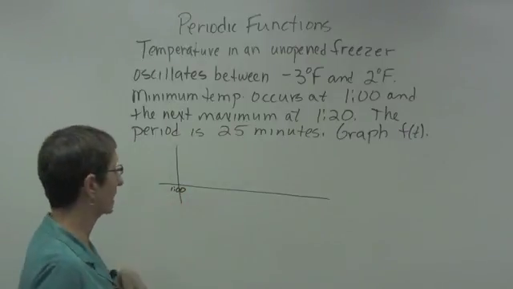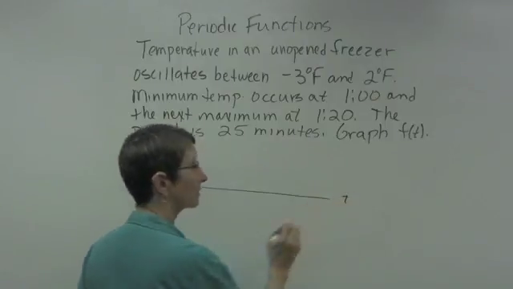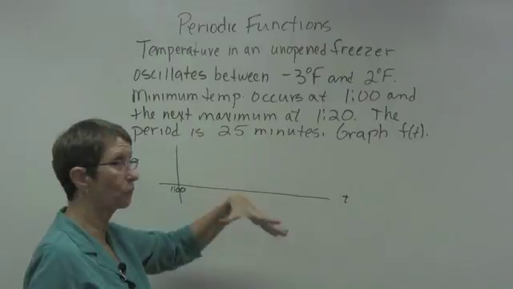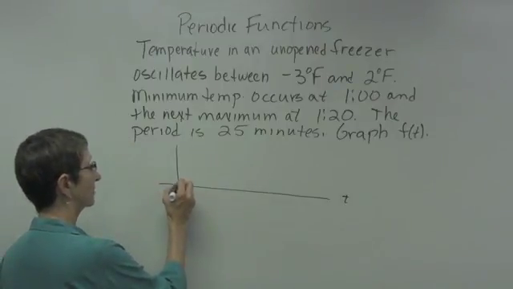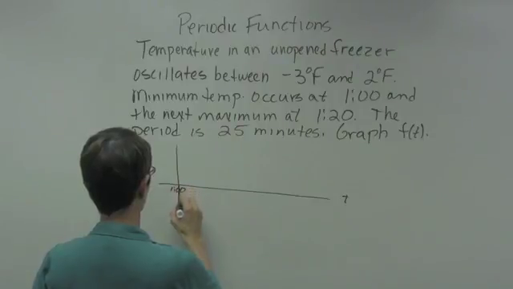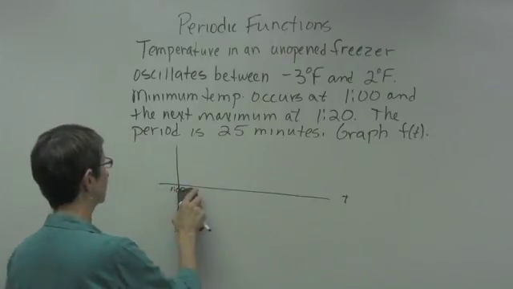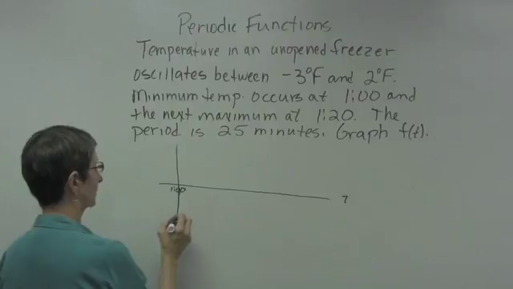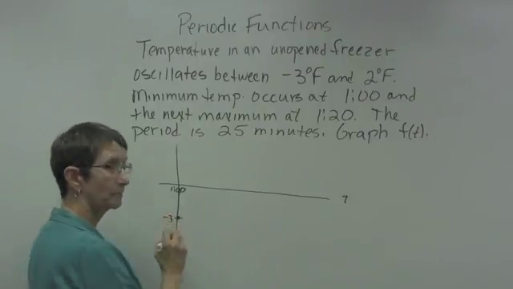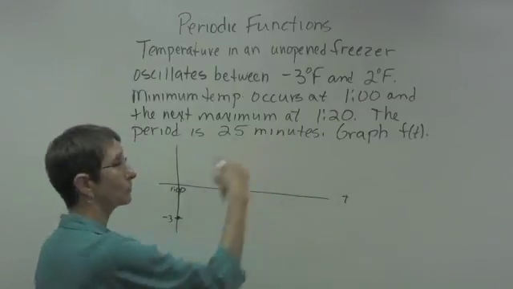So we're going to start at 1 o'clock here and figure out what our times are. Now, if the minimum occurs at 1, then this is the minimum, at -3, so we'll call this -3, and this is where it starts. And at 1:20, we hit the high.